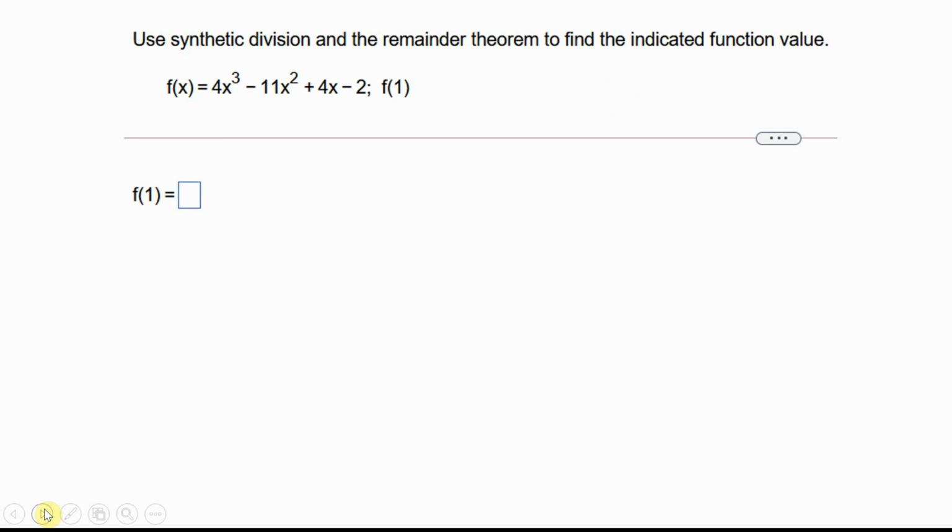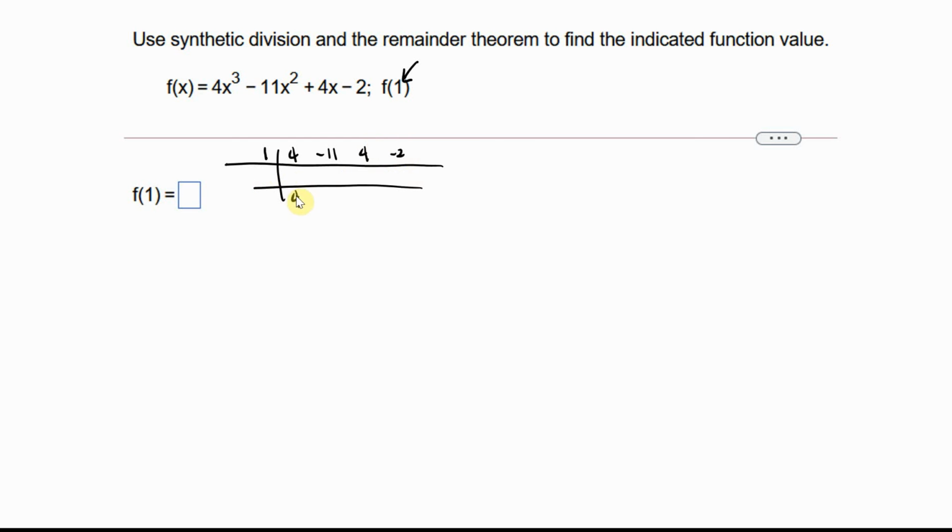Exactly. So all we're doing here is, you remember from synthetic division, the term here that we're going to put in is the 1. So 1 here, we're going to list these values from the process of synthetic division, going from left to right. Make sure they're in descending order: 4, -11, 4, and -2.